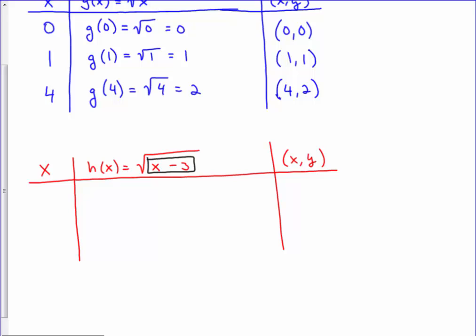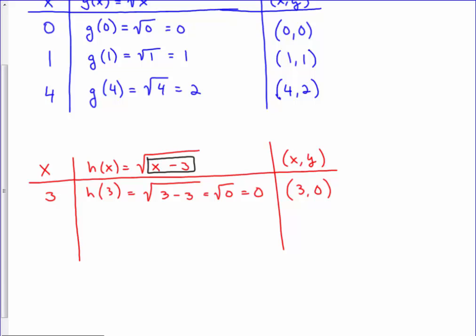If I plugged 3 in where x is, 3 minus 3 underneath would be 0, and I can take the square root of 0. So the first x value would be 3. h of 3 equals square root of 3 minus 3, which equals square root of 0, which equals 0. So this ordered pair is 3, 0.